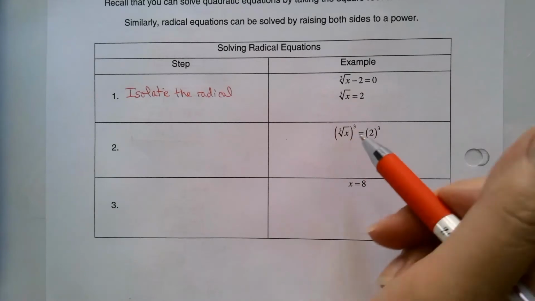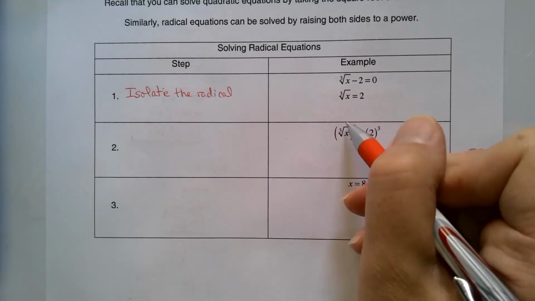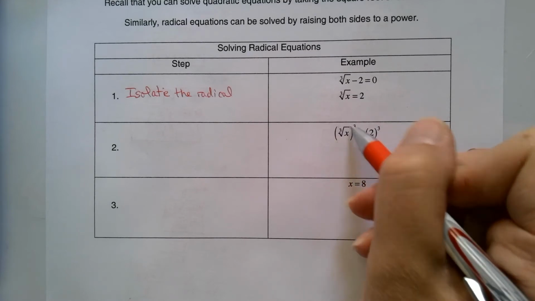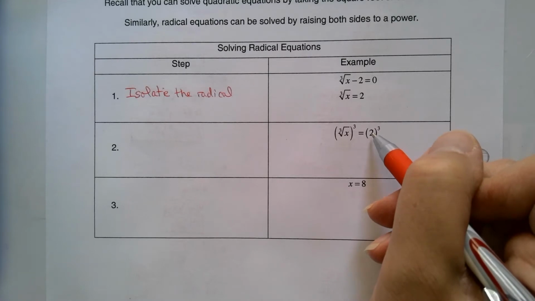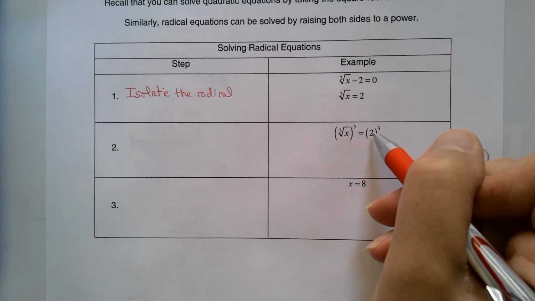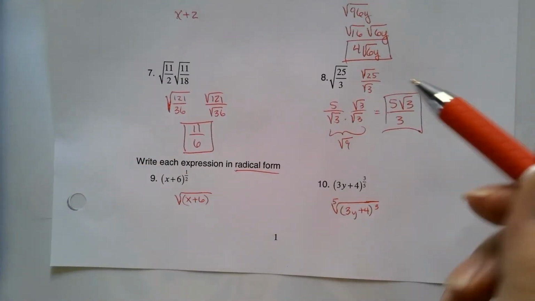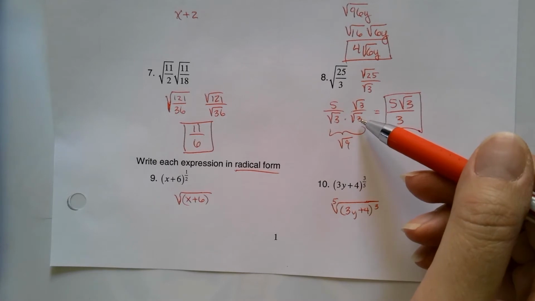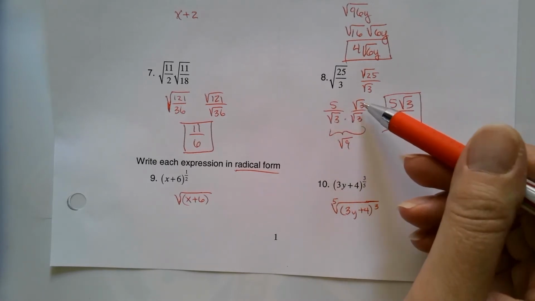And then the next thing I'm going to do is say, well, what gets rid of a cube root? Well, I'd put it to the power of 3. And if I raise this side to the power of 3, I raise this side. Now, this is different when I am rationalizing a denominator, like this problem here. I multiplied the bottom by the square root of 3. I really did square it, but I had to multiply it by itself so I could do the same to the top.